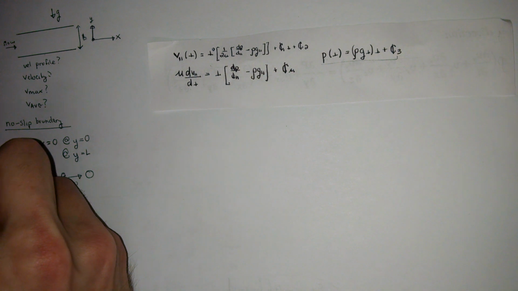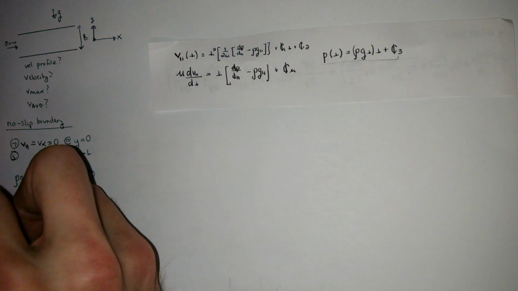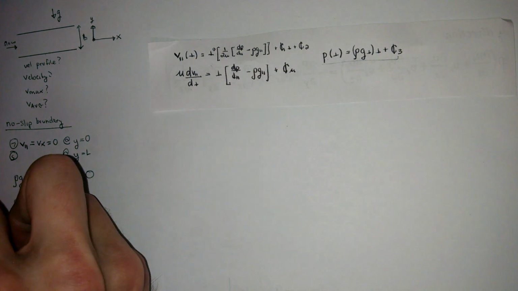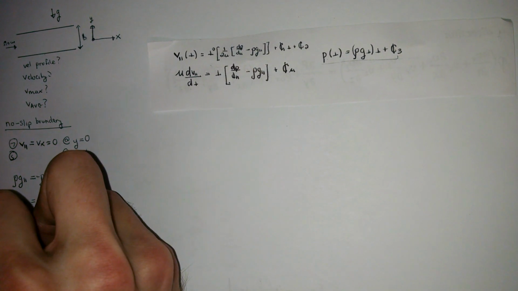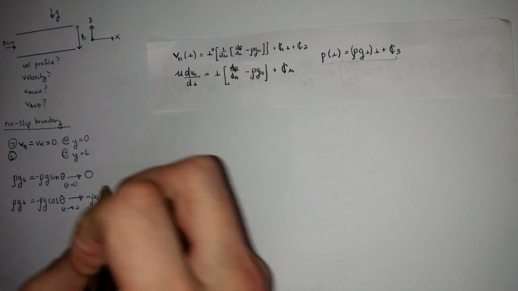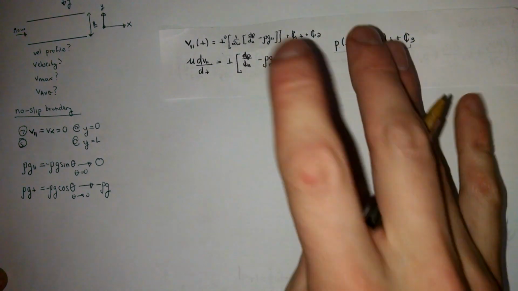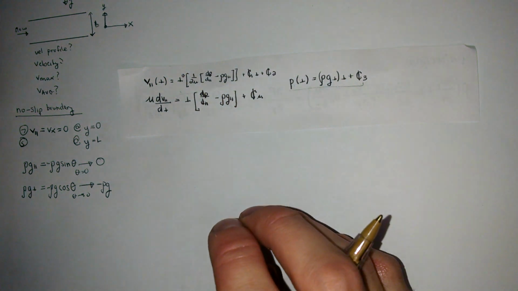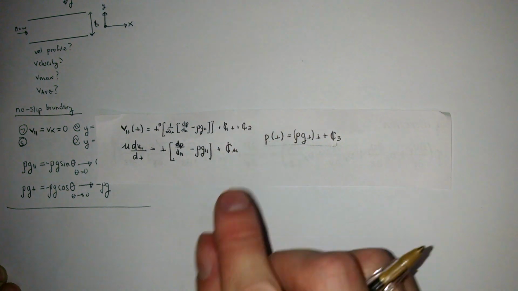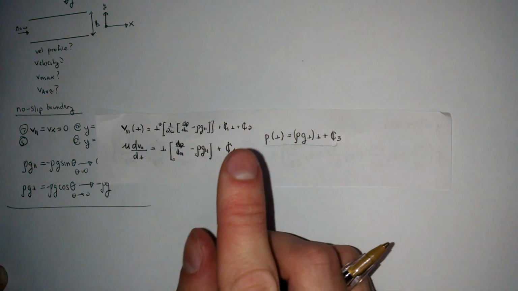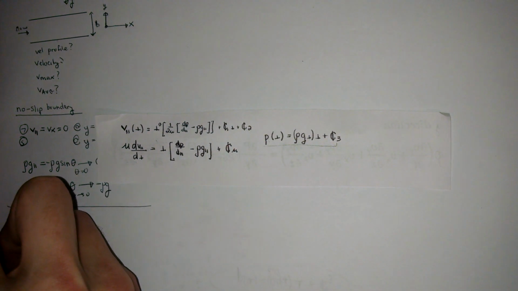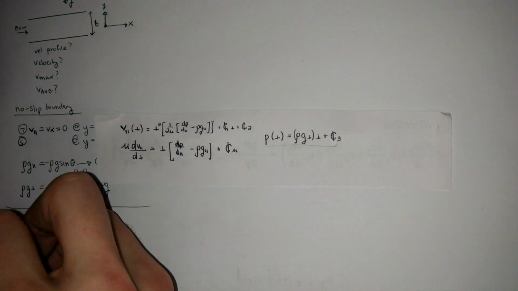We know that the gravitational term in the perpendicular direction, which we had as this, as theta goes to 0, is simply going to go to rho g. Okay, so then all we need to do is apply these boundary conditions. First, I'm going to rewrite the velocity with our new coordinates.